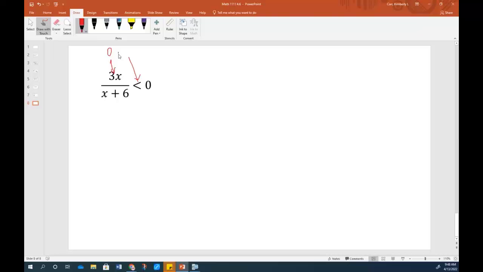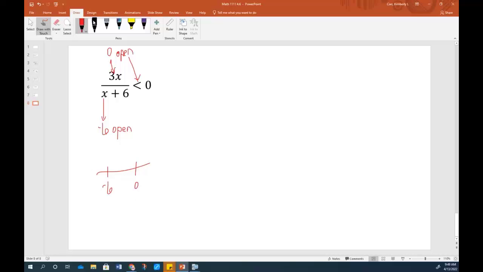Since that is a strict inequality, that one will be open. The 0 from the denominator is -6. Zeros from the denominator are always open. So our critical numbers are 0 and -6. That made up for it, didn't it?